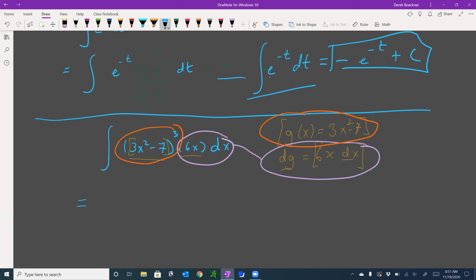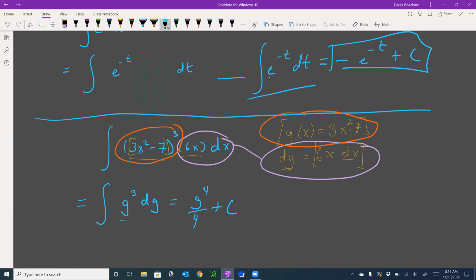So we decided what the inside function was, we get two equations using it, and then I get the integral of g cubed dg. We're all good with that? And I can find the antiderivative of g cubed pretty easily. That's g to the 4th over 4 plus a constant.